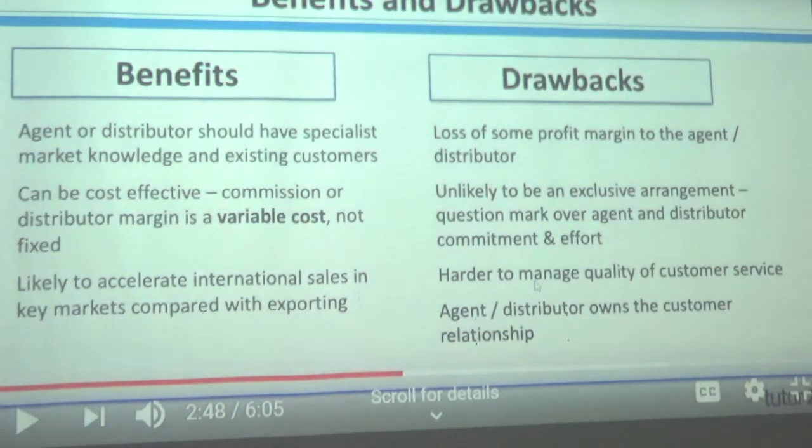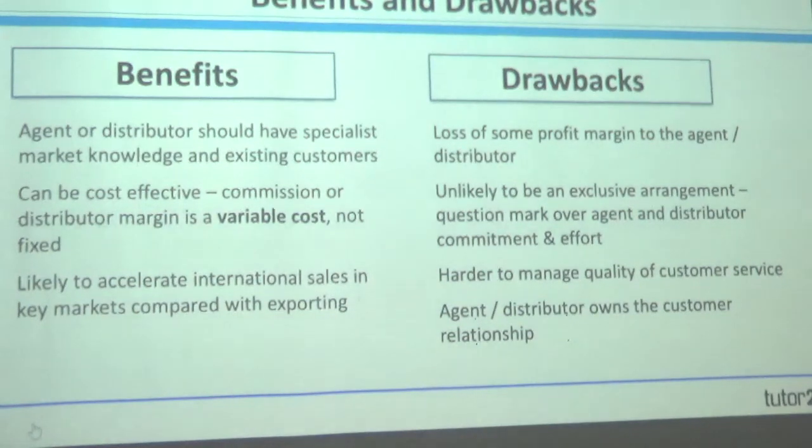You don't really know how much quality of customer service is happening, and the distributor is the one who manages that relationship. Your customer is on the other side of the relationship from you.